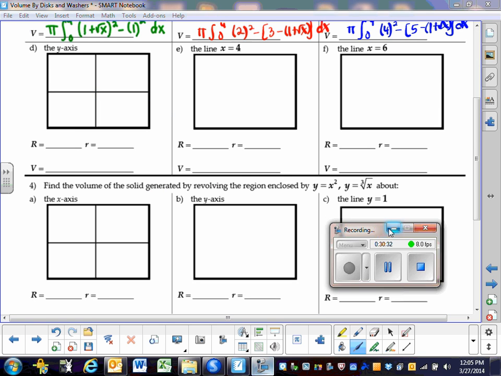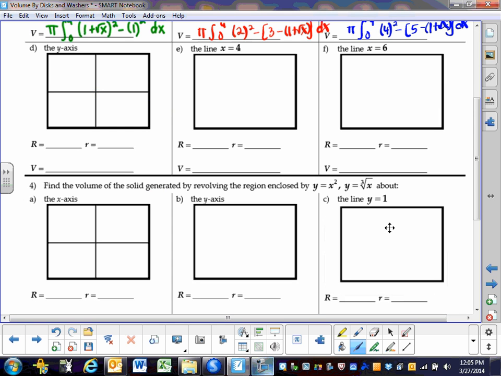Okay, so we're taking this same shape, and this time we're going to rotate that shape around the y-axis. So going around the y-axis is going to make this a dy problem. So as we convert this over, we want to think about what our equations are this time, but converted.